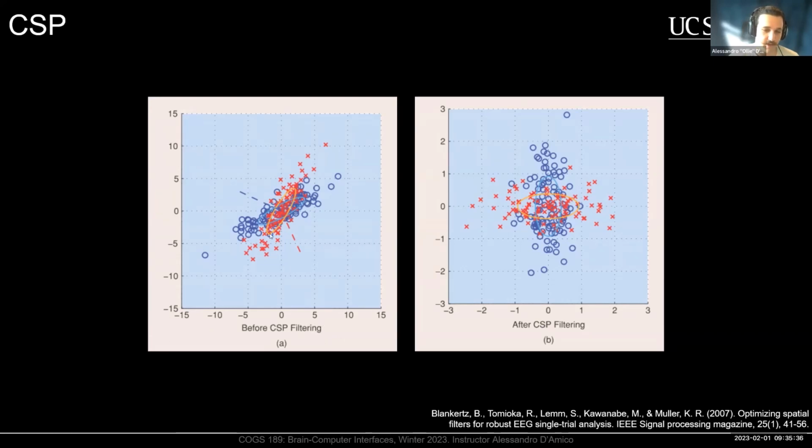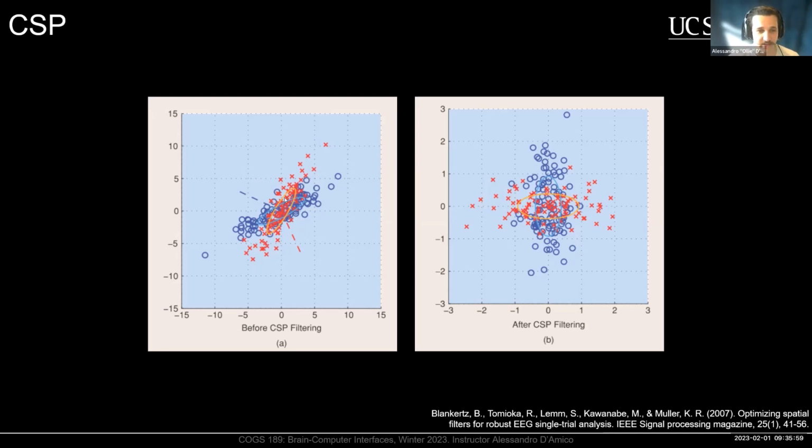And you have individual trials or individual data points within a single trial across both of these channels. And you can see that these are somewhat Gaussian plots, and they're centered, they're zero mean data. So they don't differ in means, but we can see that they have slightly different variance.